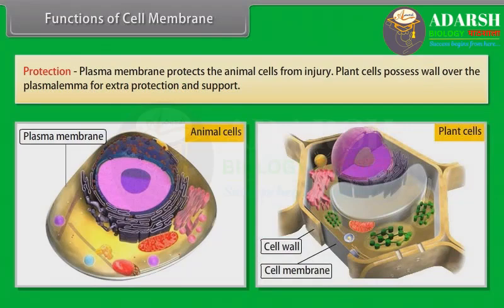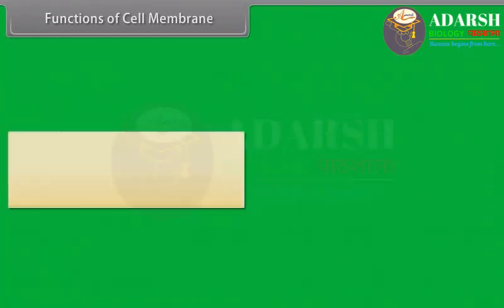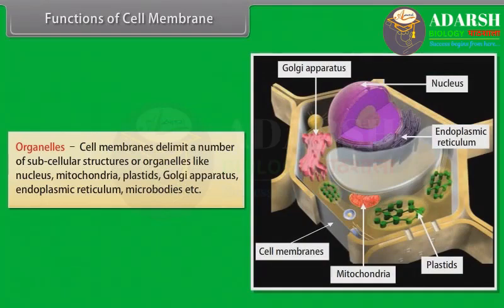Plant cells possess a wall over the plasmalemma for extra protection and support. Organelles. Cell membranes delimit a number of subcellular structures or organelles like nucleus, mitochondria, plastids, Golgi apparatus, endoplasmic reticulum, microbodies, etc.